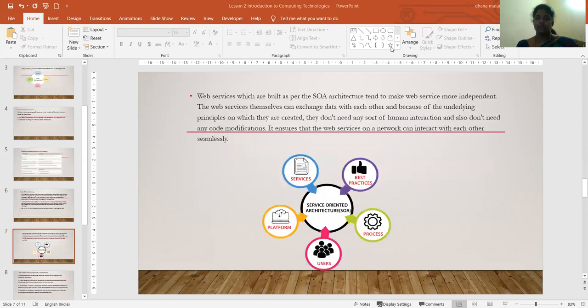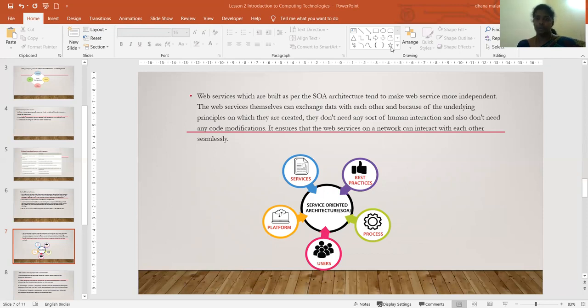Service-oriented architecture is an architectural approach in which applications make use of services available in the network. SOA allows the user to combine a large number of facilities from existing services to form an application.